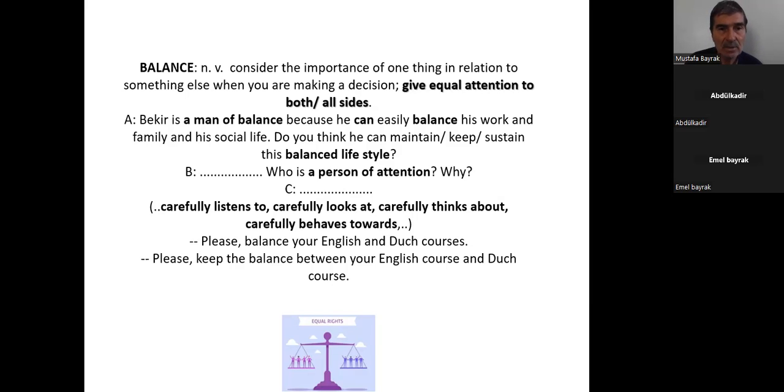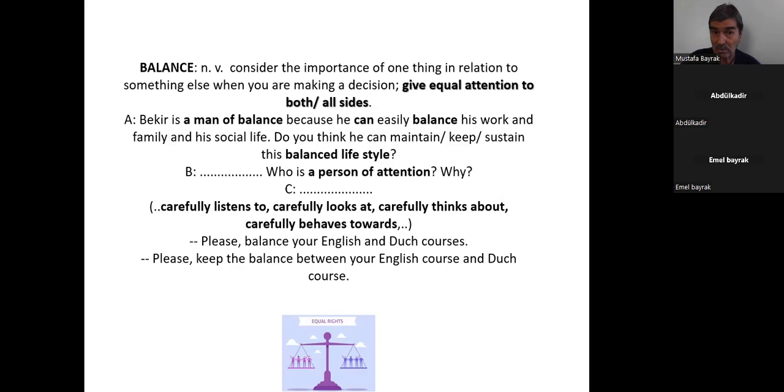Okay. Now, careful listening to careful. For example, who is a person of intention? Jakub is a person of intention because he carefully listens to, carefully looks at the person he is speaking to, carefully thinks about, and carefully behaves towards other people. Please balance your English and Dutch courses.